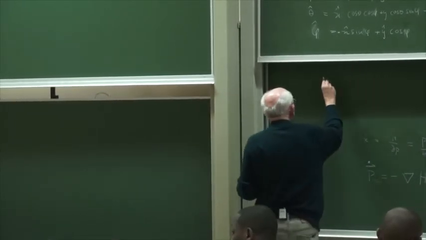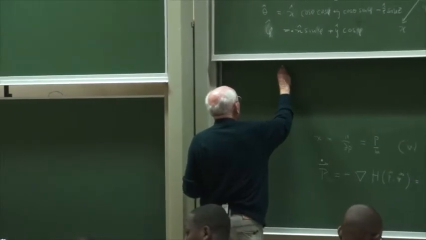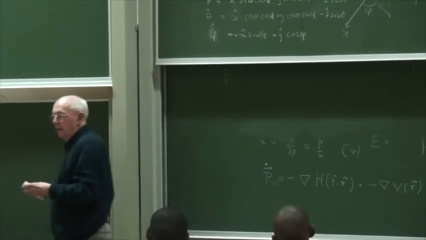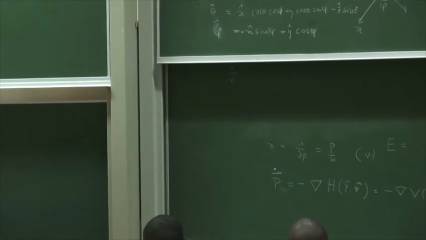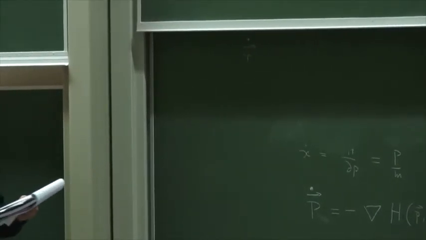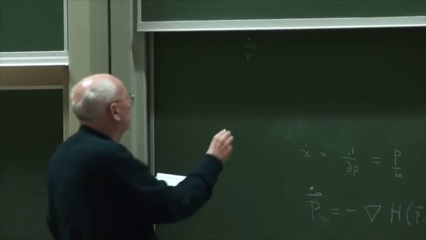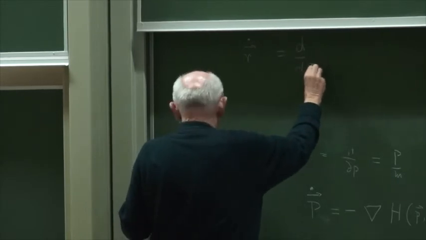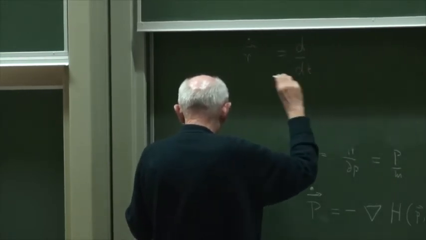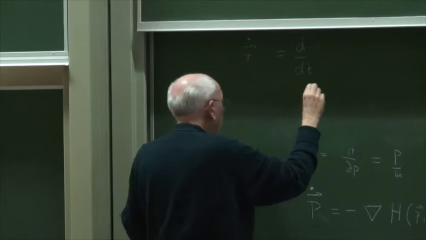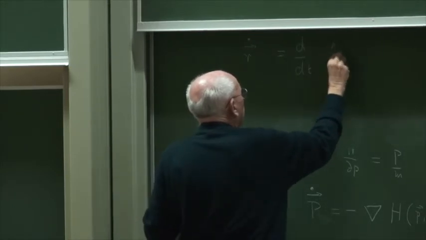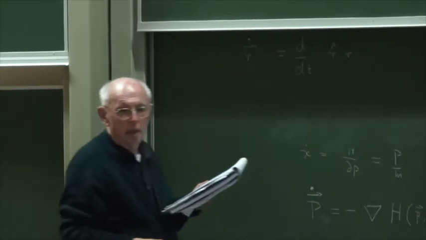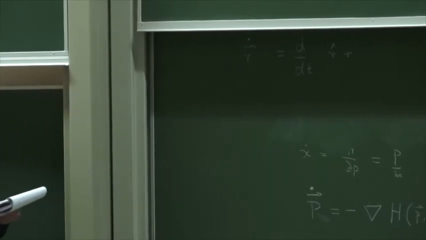It now says I have to find R dot. And R dot is dR/dt, so that is equal to d/dt of R times the unit vector. And remember, they now both change because things move.